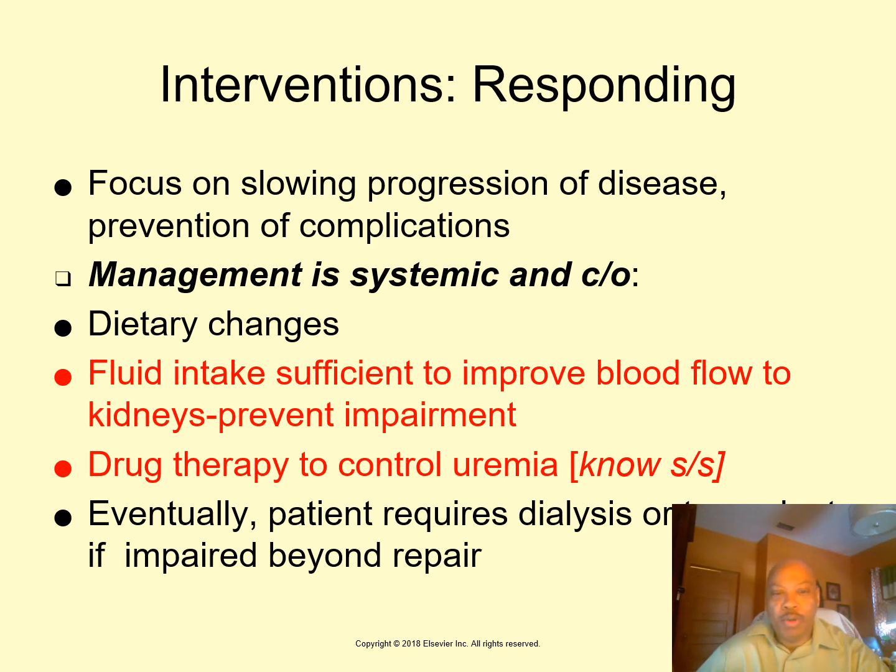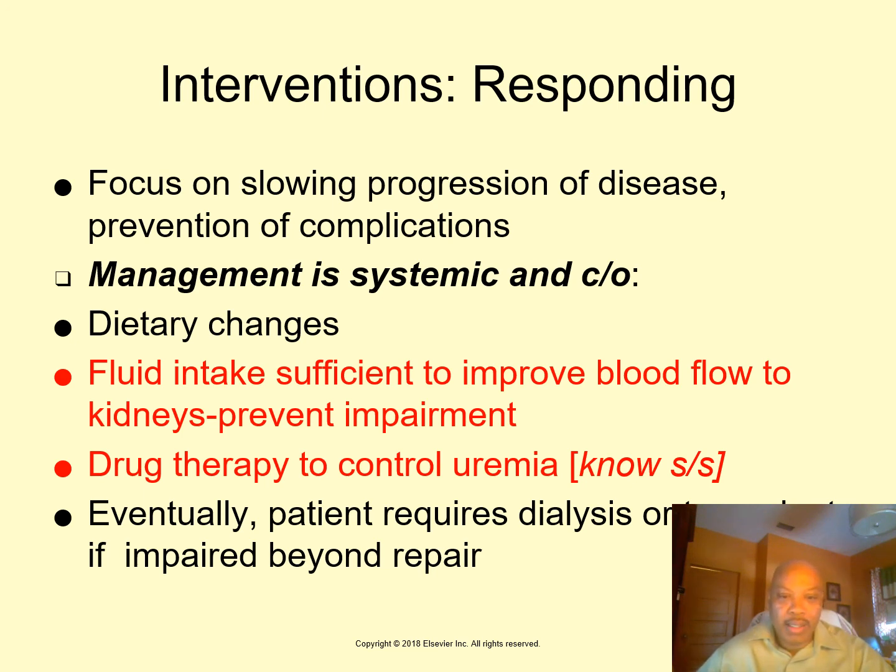Remember the low protein, low potassium. There's also fluid intake sufficient to improve blood flow to the kidneys. We want to make sure there are enough fluids, that is if the patient is still urinating, in order to improve blood flow to the kidneys and prevent any impairment. But of course, we must know how much they're actually voiding or urinating.